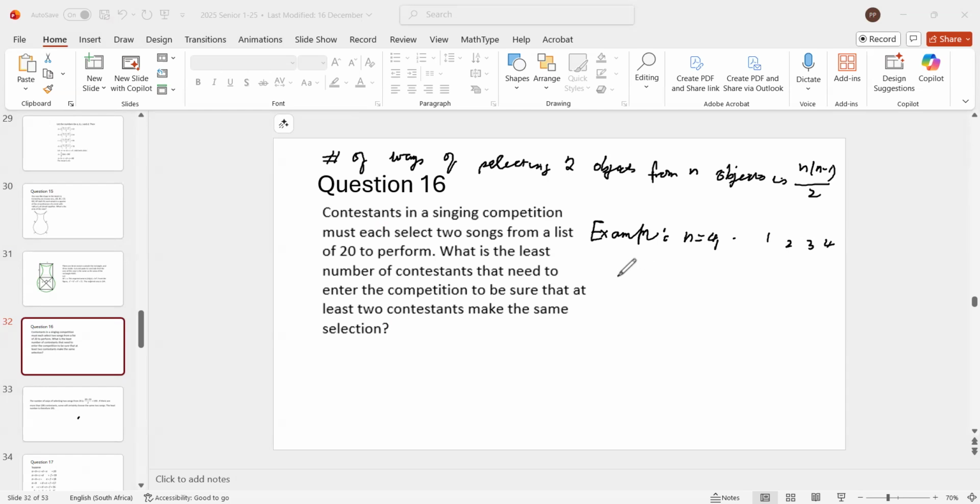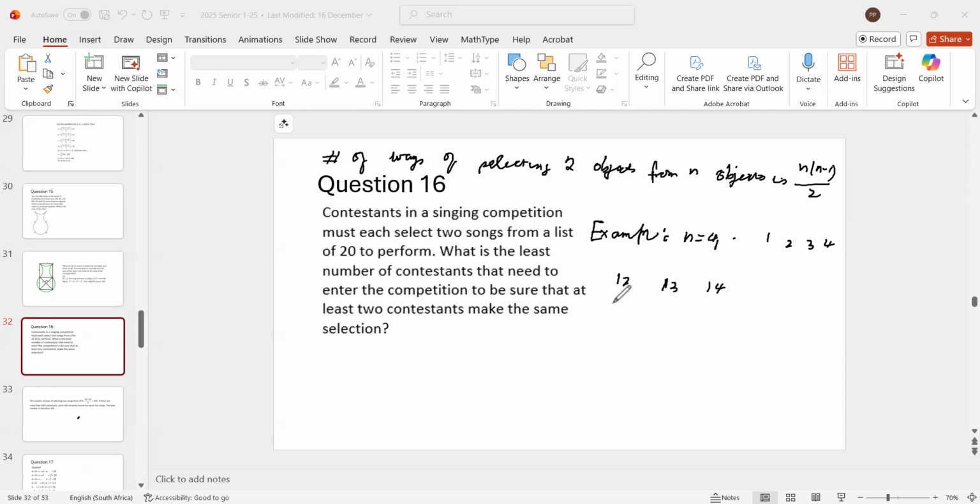So I can do 1, 2, then 1, 3, all those which have got 1 in it, and 1, 4. Those are the only 3 cases where the 1 is inside.